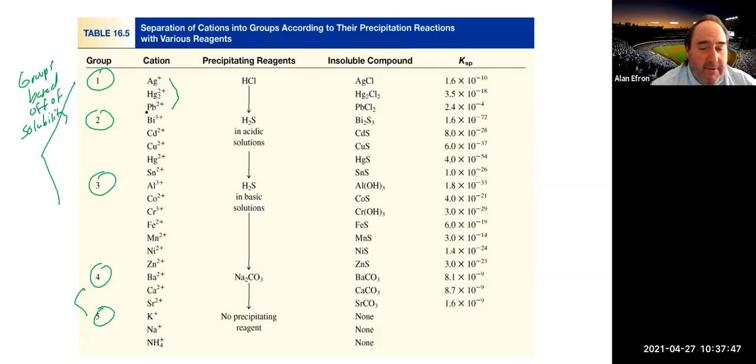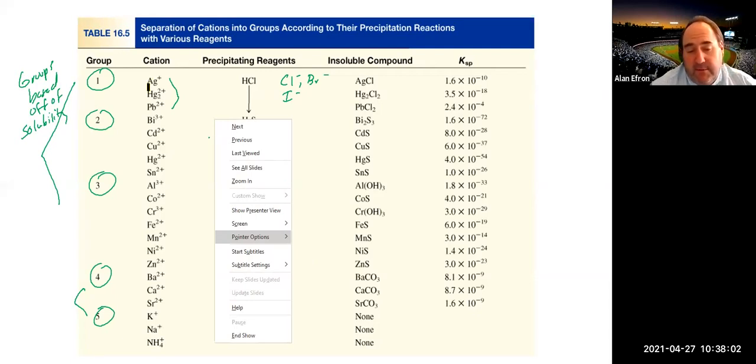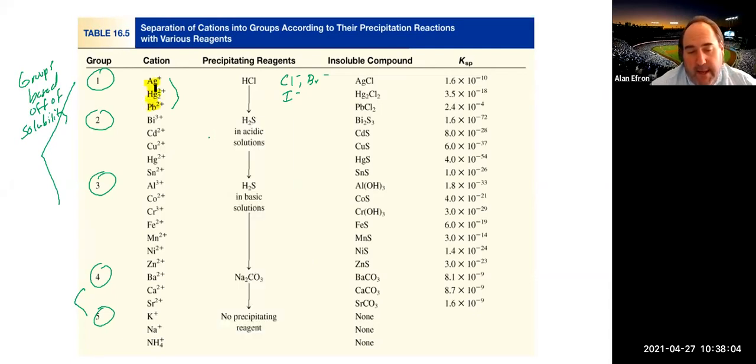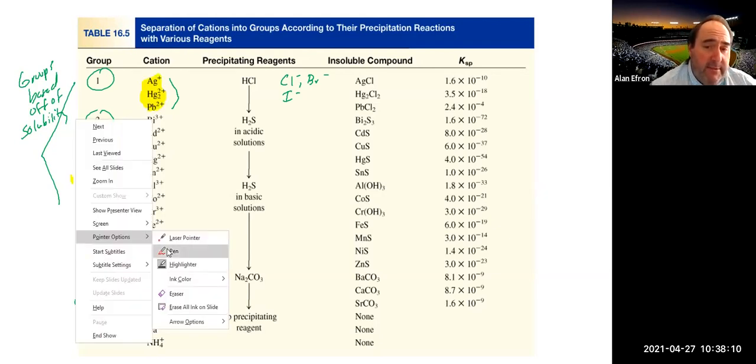If you remember your solubility rules, things like chloride, bromide, and iodide are pretty much soluble in everything, but there are 3 exceptions, and those 3 exceptions are these 3 guys right here. These 3 exceptions allow us to separate out these guys as precipitates.